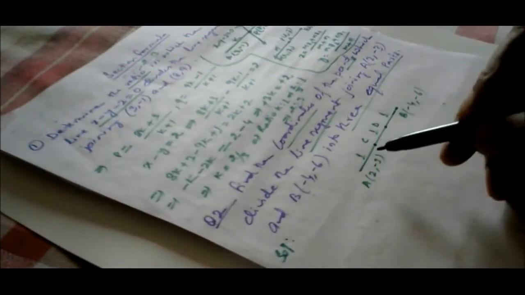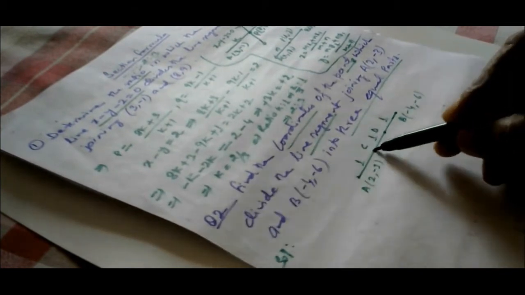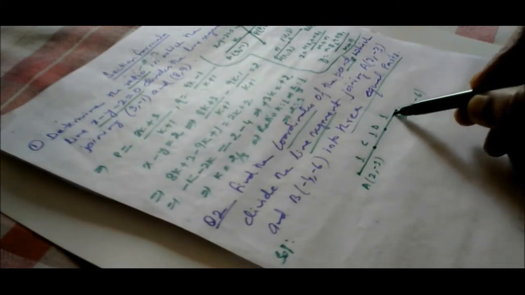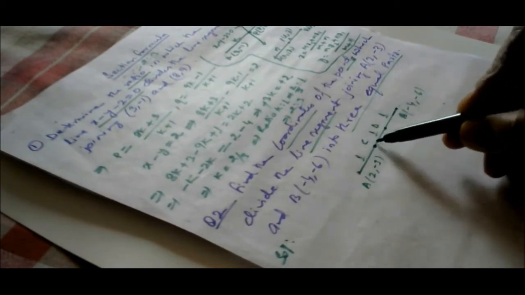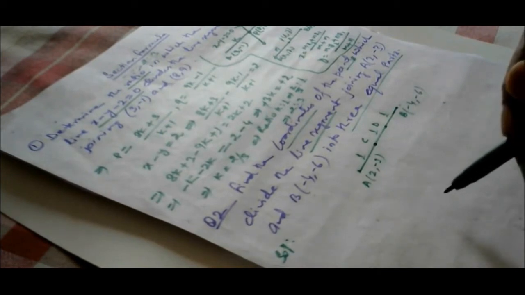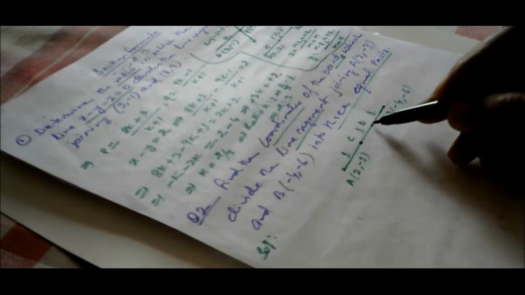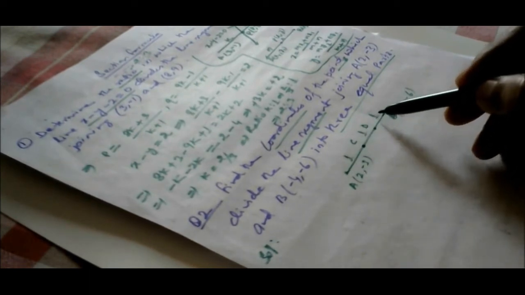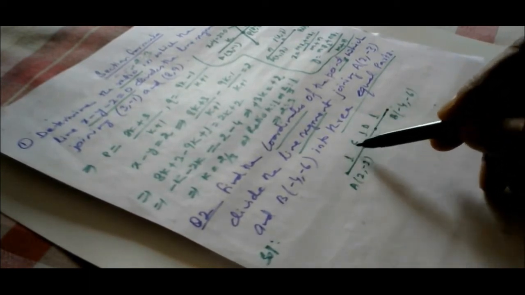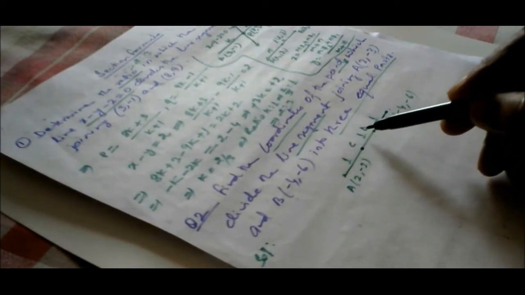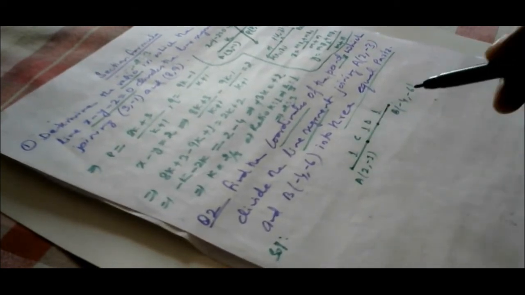So three equal parts means 1 is to 1 is to 1. If we want to find the coordinate of point C, we take these 2 points and this side we can take as 2 parts, meaning BC will become 2. So 1 is to 2 we can utilize. If we want to find D, we can put these as 2 is to 1, because DA will become 2 parts, 1 part plus 1 part. So 2 is to 1.